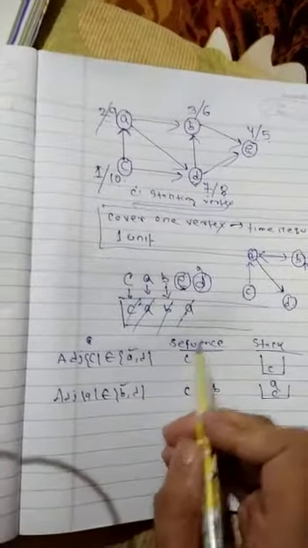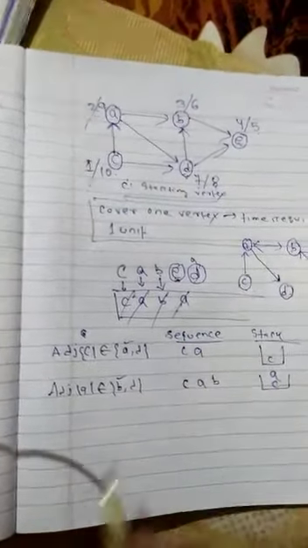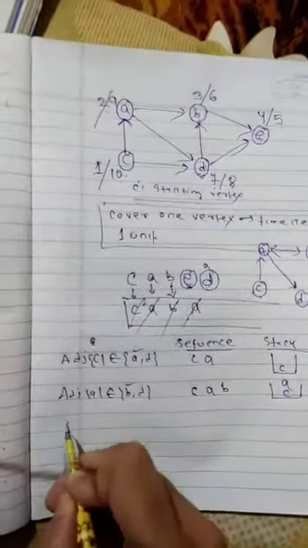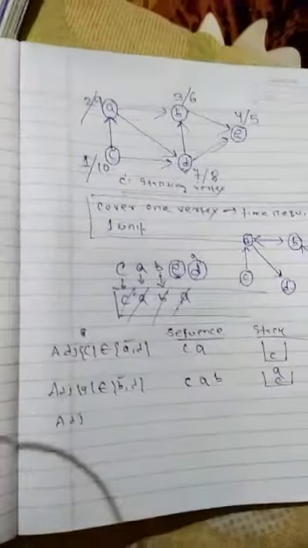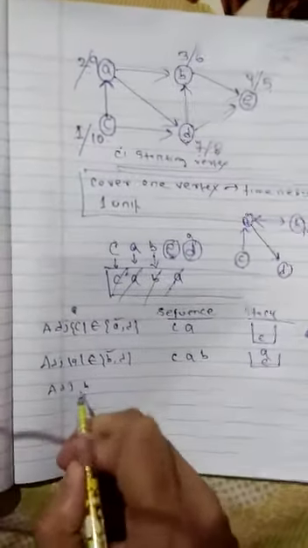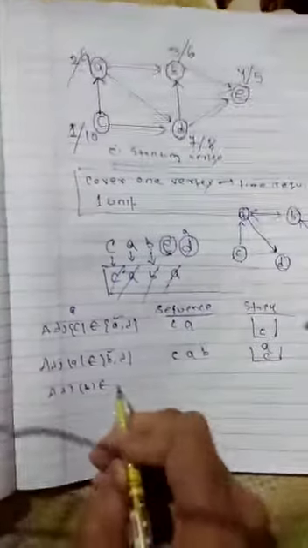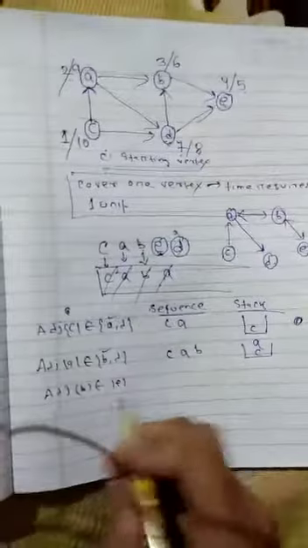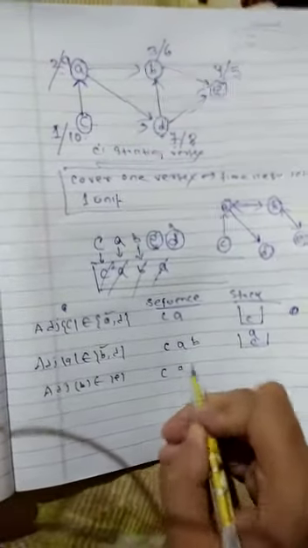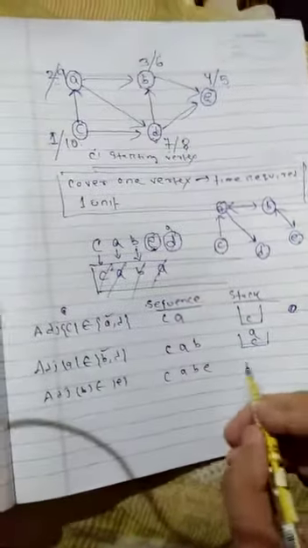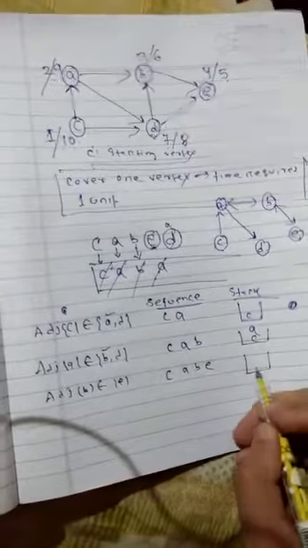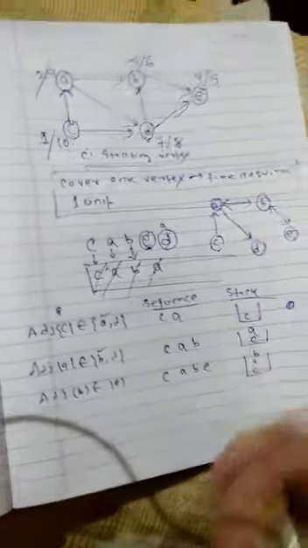Initially it contains the starting vertex C in the sequence. Next, calculate the adjacent of B. Adjacent of B is E. So next the sequence is C, A, B, E, and the stack content is C, A and B.